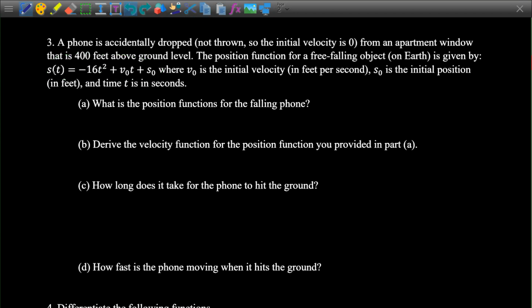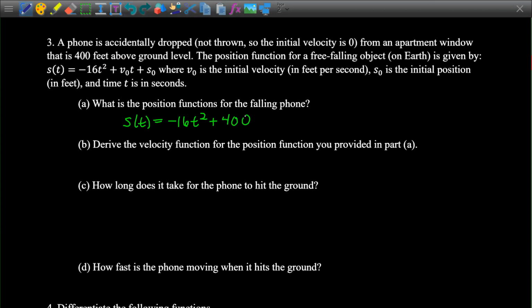T is in seconds. So what is the position function for the falling phone, which means what is it with the numbers filled in? So we have s of t equals minus 16t squared. Our initial velocity was 0, so I'll leave out that middle term. And then our initial position is 400 feet.